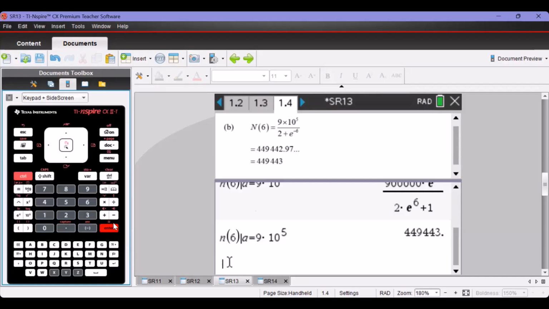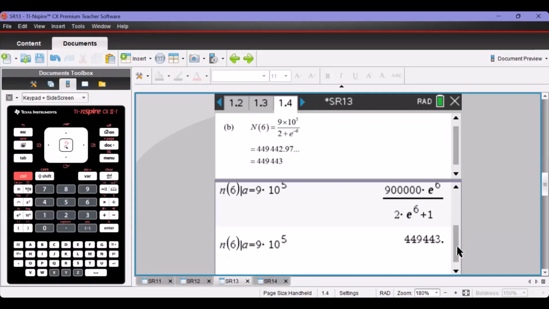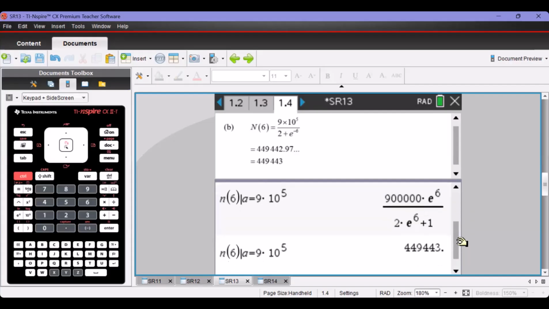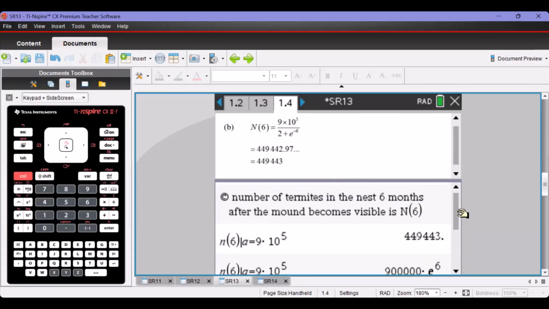Control Enter in this instance will give you the required decimal answer, which we can round up to the nearest integer or the nearest number of termites. So the model suggests that there are 449,443 termites in the nest 6 months after the mound becomes visible.